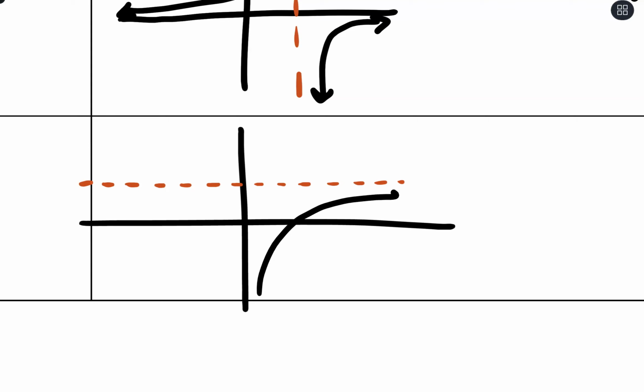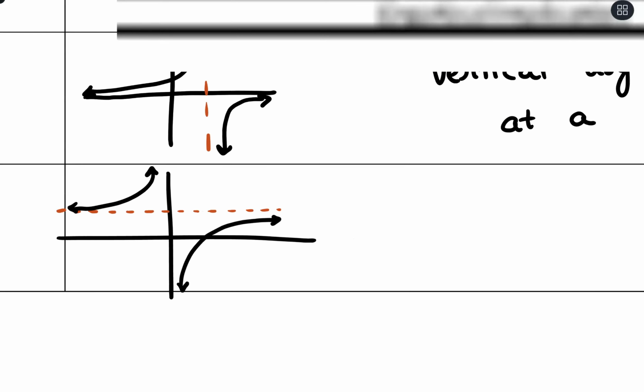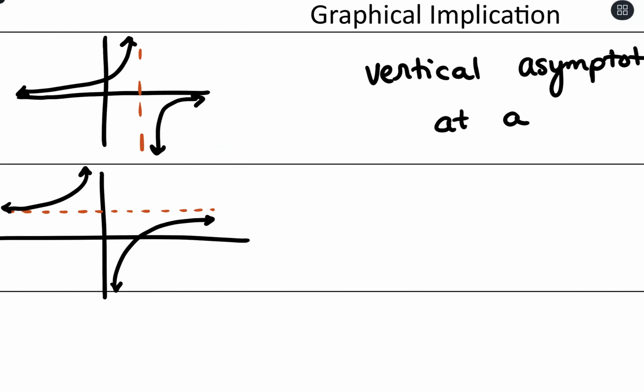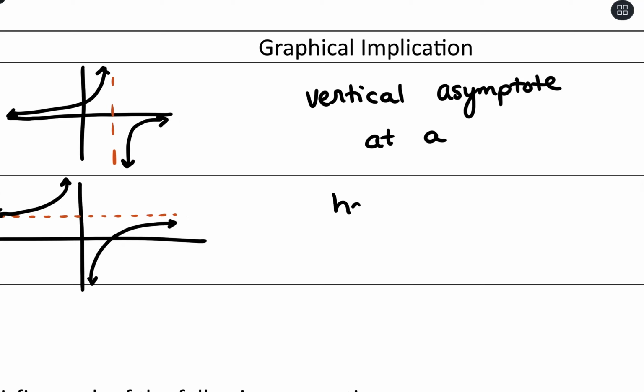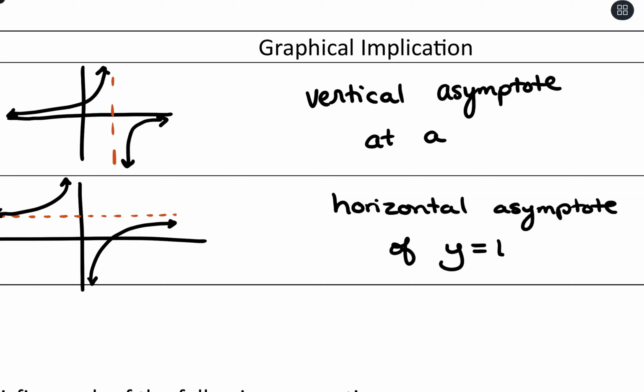So maybe something like this, where we're approaching that value in the long run. So that's going to be a horizontal asymptote as x approaches positive or negative infinity. And that horizontal asymptote is going to be y equals L. That'll be our horizontal line.